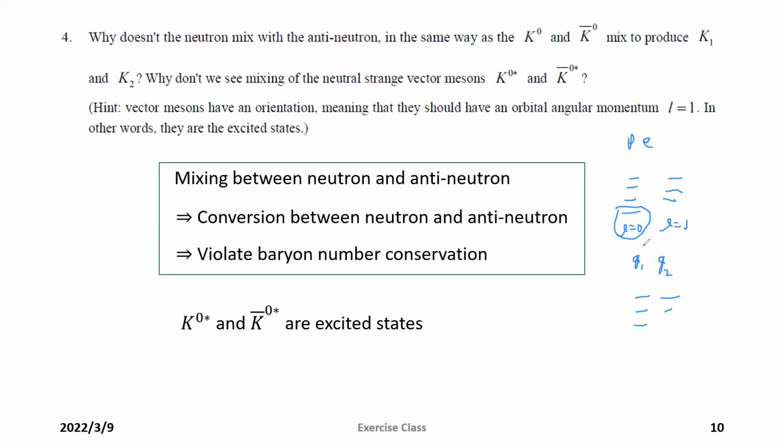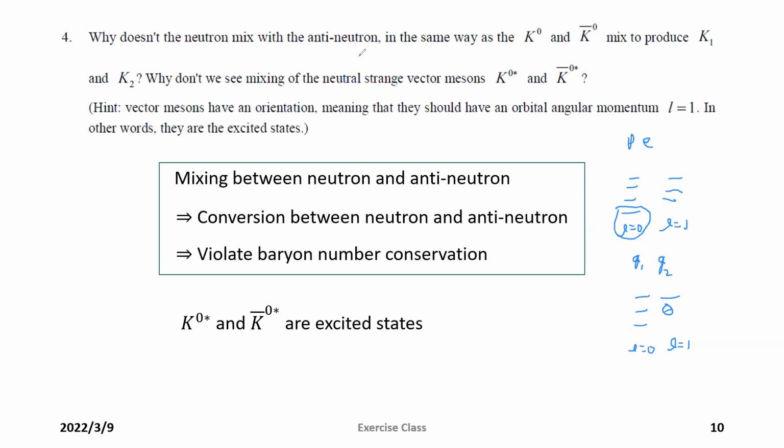Although the solution is much more complicated, in general it's very similar to the case of the hydrogen atom. We still have some L equals 0 states, some L equals 1 states. And here the K star bar and the K star are L equals 1 states, so they're in excited states.